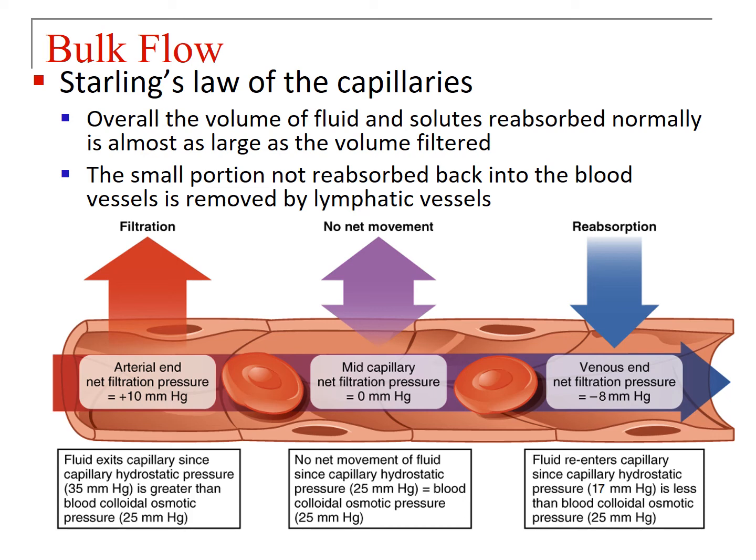So there's no net movement. Now once you get to the venous end, after you've had a further drop in hydrostatic pressure, your capillary hydrostatic pressure is going to be 17, your osmotic pressure remains consistent at 25, and this means your net filtration pressure is negative. That's going to indicate reabsorption.